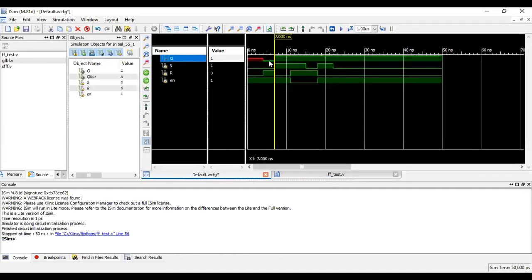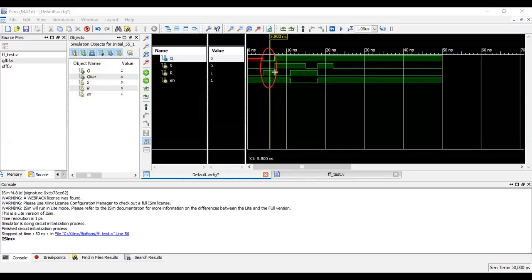Since enable is equal to 1, for the complete duration from here to here, from 4 to 7, the value will be updated and Q will be equal to 0.